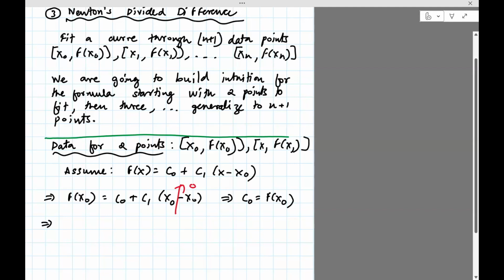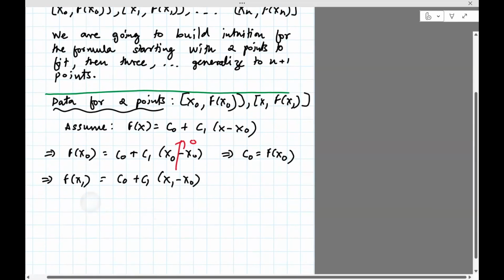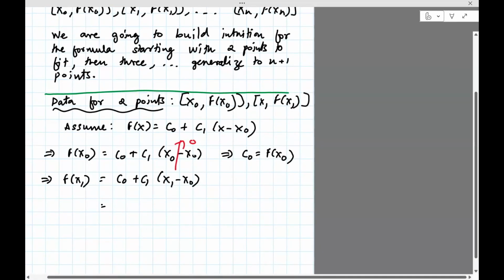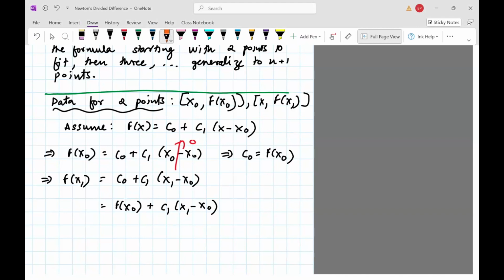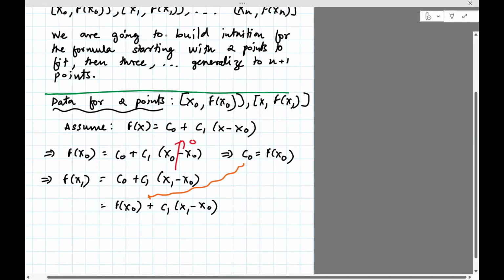Next, we sub in the value for x1, c0 plus c1 times x1 minus x0. Now I can sub in the value for c0. It is f of x0, c1. This one came from here.